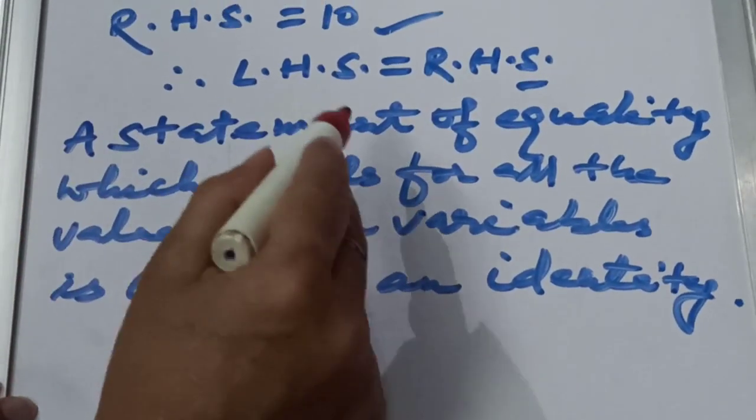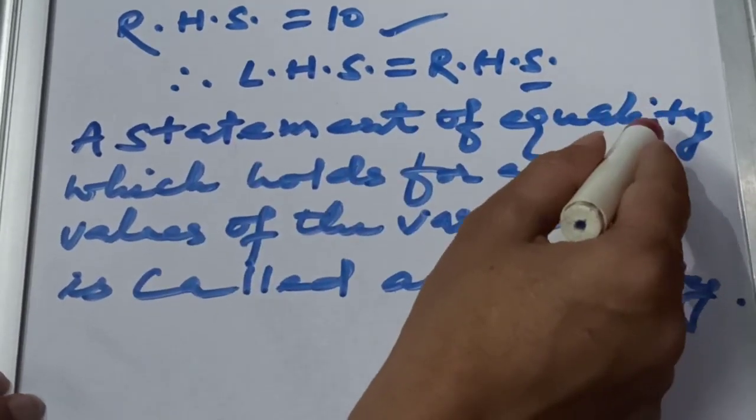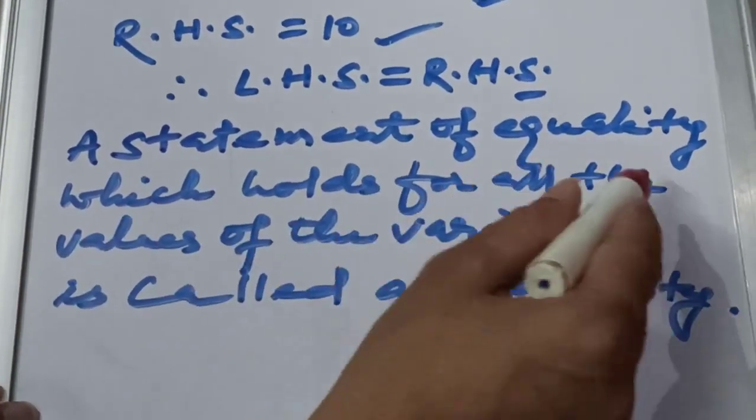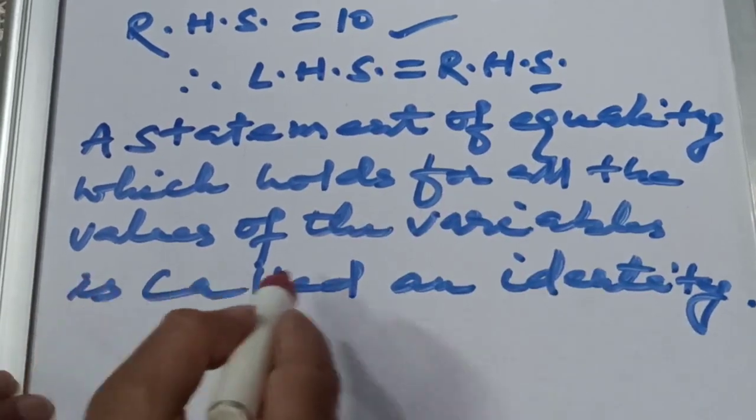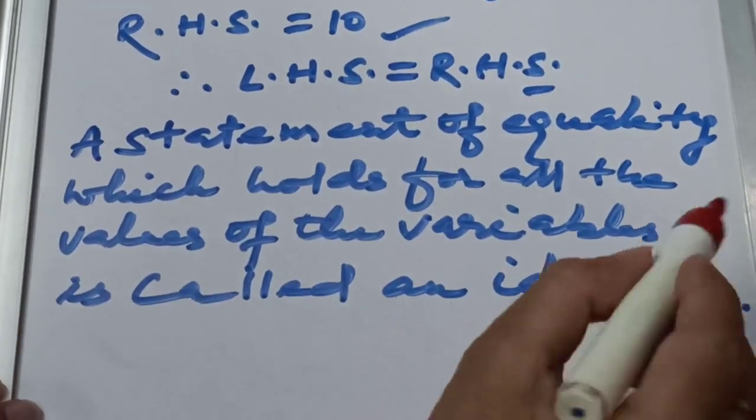A statement of equality which holds for all the values of the variables is called an identity.